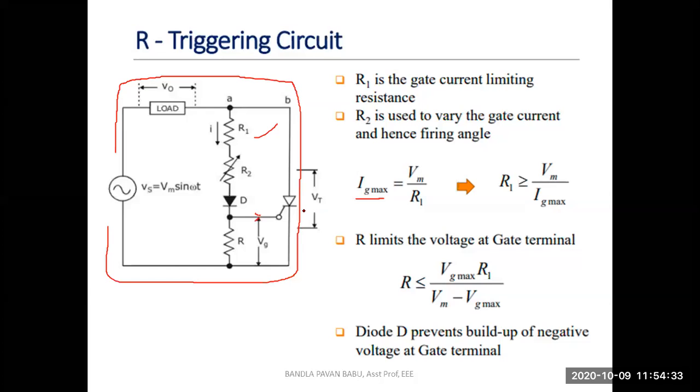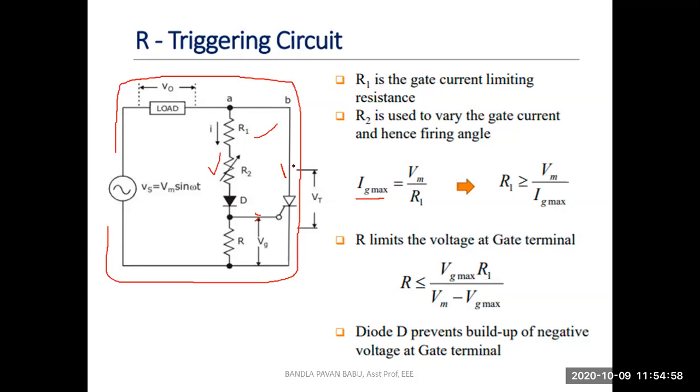That relies on the gate current, which depends on the controllable resistance R2. Based on the adjustment of the resistance, this current is controlled. If the current is controlled, obviously the switch is controlled. That means if we control the gate current, the anode current is also controllable.